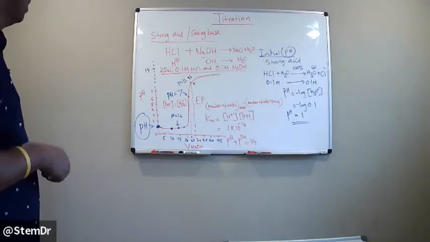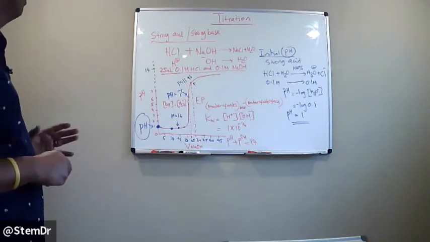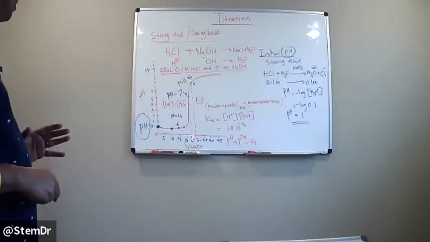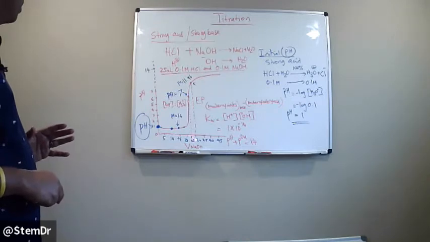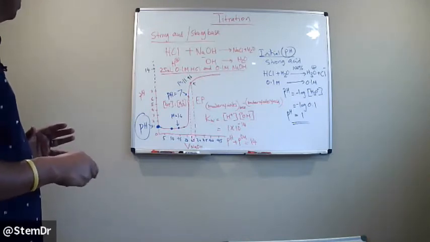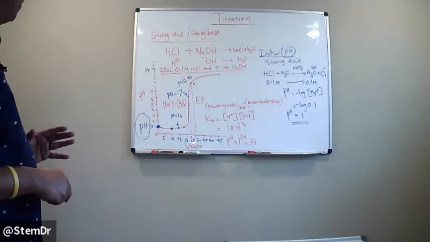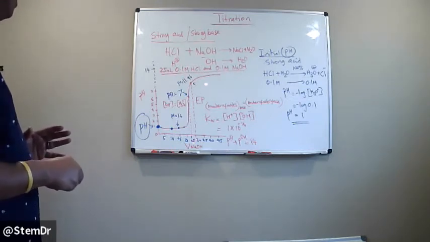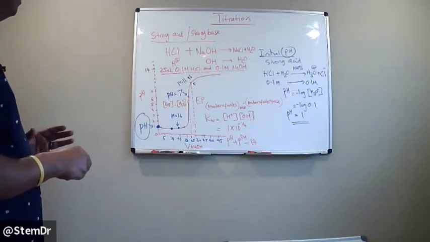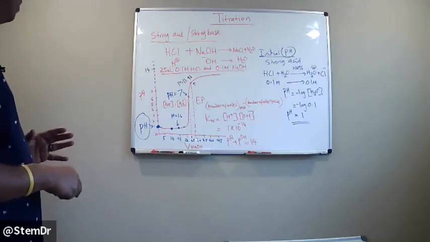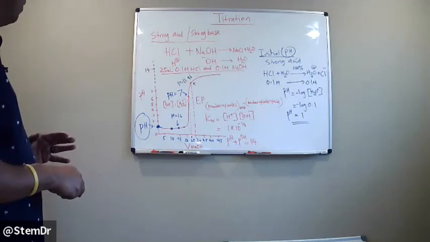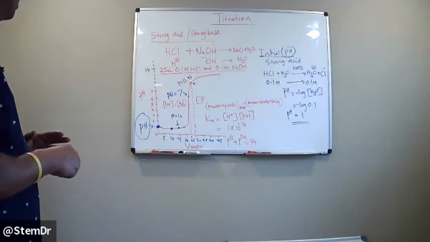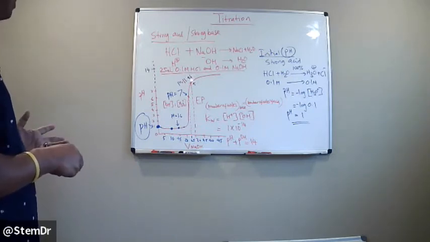Now remember, the solution is now more basic because all of the hydrochloric acid is consumed, since you have added enough sodium hydroxide to neutralize this reaction. 25 ml of 0.1 neutralizes all of this. Therefore, what I'm left with in the solution is basic sodium hydroxide. I'm just adding 5 ml more, which is 30 ml. The pH is 11.96. How do we get the 11.96?